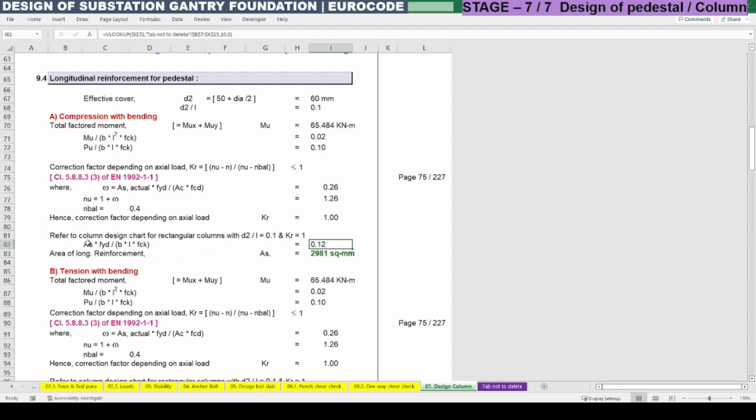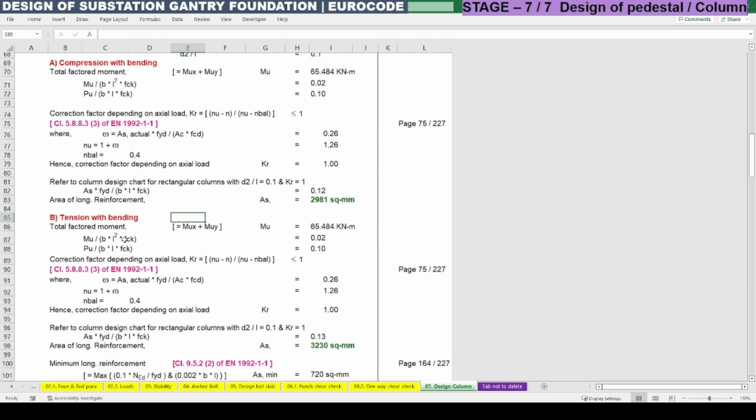So simply applying this equation, the unknown value is As, the area of longitudinal reinforcement, which we can find by bringing the known values to the right side to equate this 0.12. Then we get the area of reinforcement required as 2901 square mm.